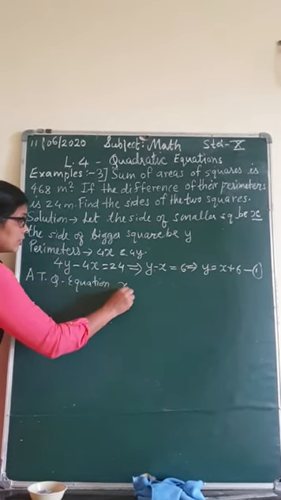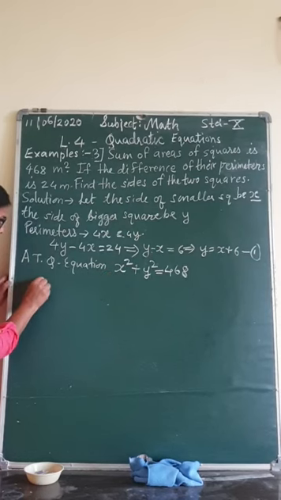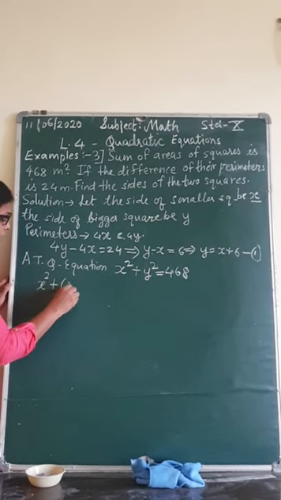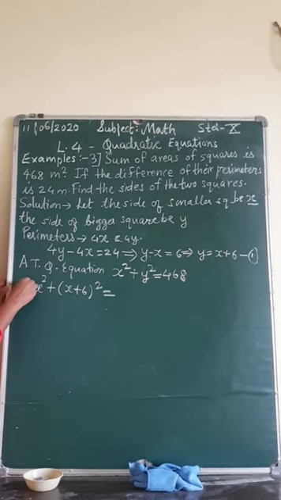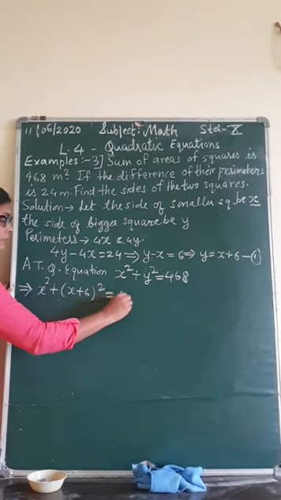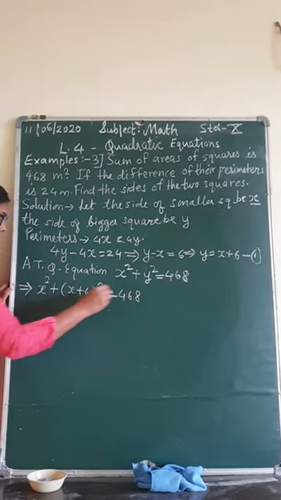But we know that in equation 1, y is equal to x plus 6. So by putting x plus 6 in place of y, we get the equation x square plus (x plus 6) whole square is equal to 468.